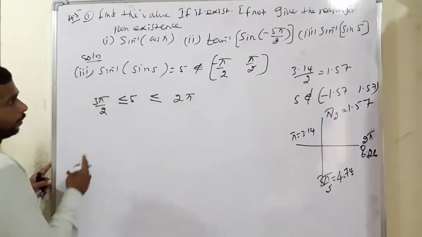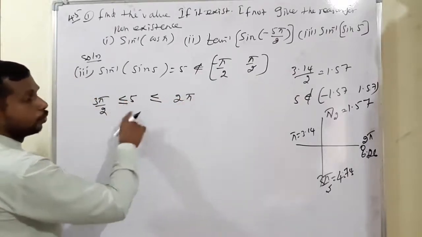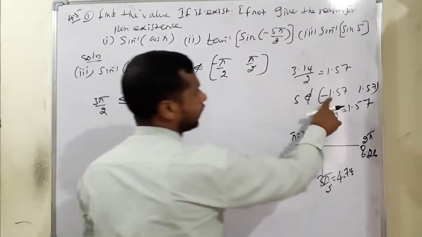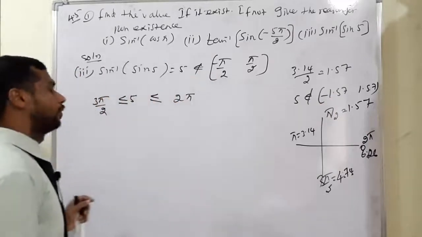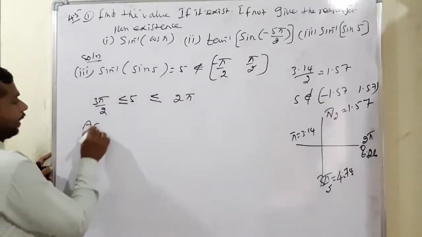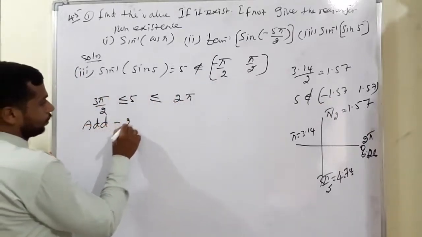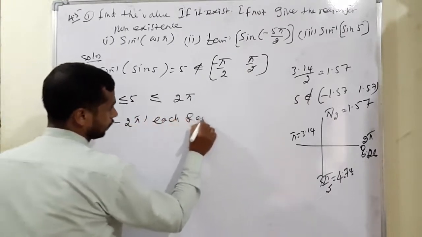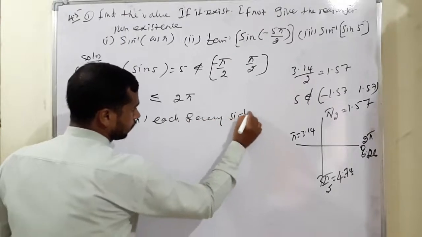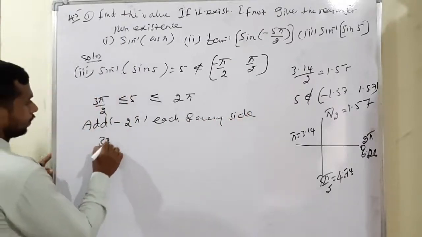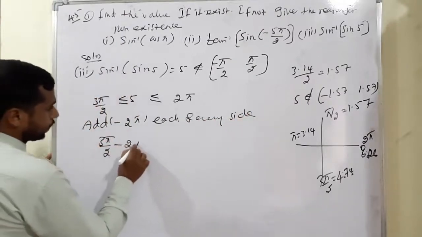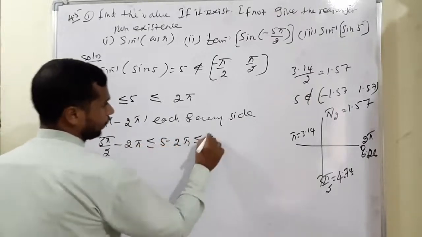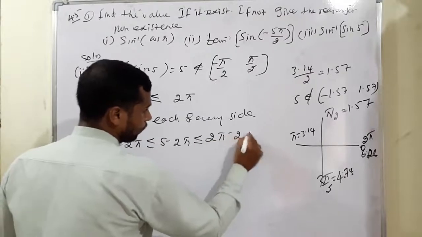Now what we have to do? Add negative 2 pi on all sides. Then only can we bring the value between negative 1.57 to positive 1.57. So add negative 2 pi on each and every side. 3 pi by 2 minus 2 pi is less than or equal to pi minus 2 pi, less than or equal to 2 pi minus 2 pi.